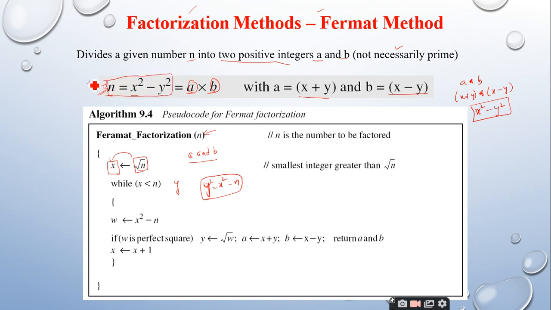From this, y square is equal to x square minus n. This implies y is equal to the square root of x square minus n. So you take a small number closer to the square root of n, and you try to identify a value of y such that it holds this relation: y square is equal to x square minus n.